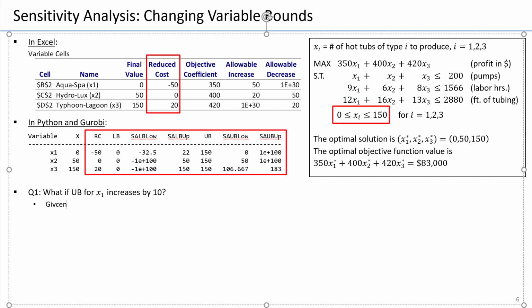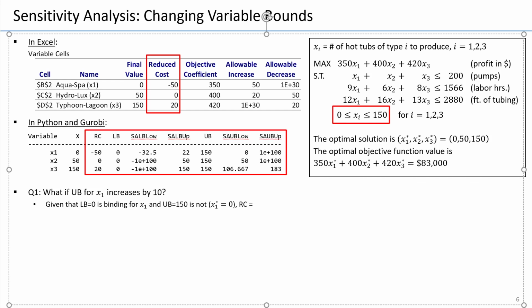We can say that, given that the lower bound 0 is binding for x1, and the upper bound, which is now 150, is not, the optimal value of x1 is equal to 0. So what is the reduced cost?